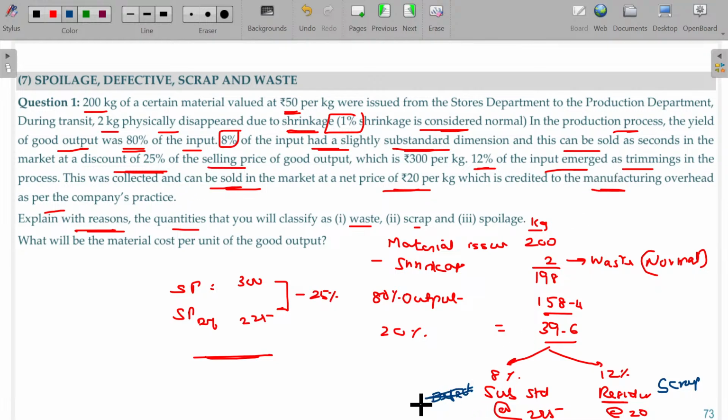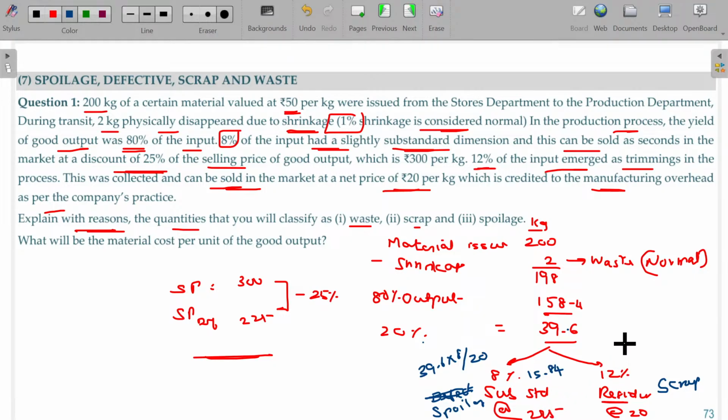If it is not saleable, it cannot be rectifiable. Rectification information is silent, then it is spoilage. As 20% being this one and 8% should be, come on, 39.6 into 8 by 20. Come on, tell me. 15.84 units. This is spoilage.